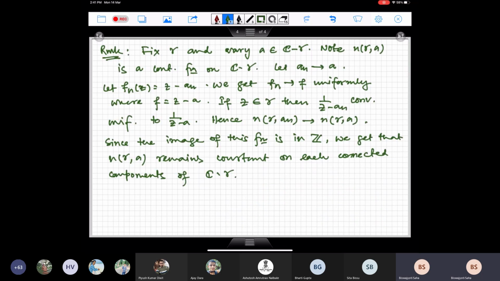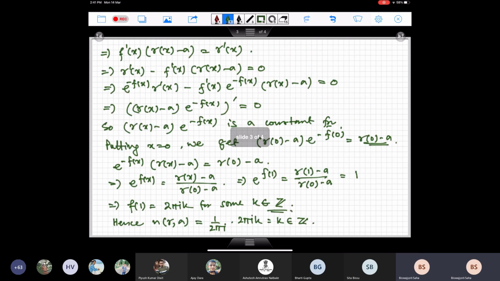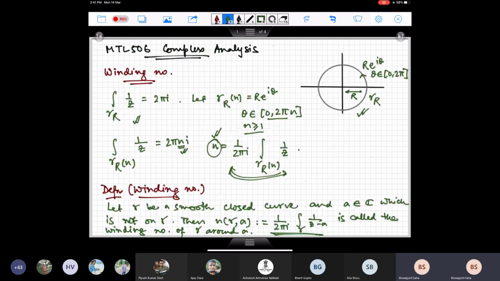Okay, so in fact, I can just allude you to the following thing. Here what I have seen is that, for example, inside this I have z equal to 0, and this integral of 1 upon z is 2 pi i.